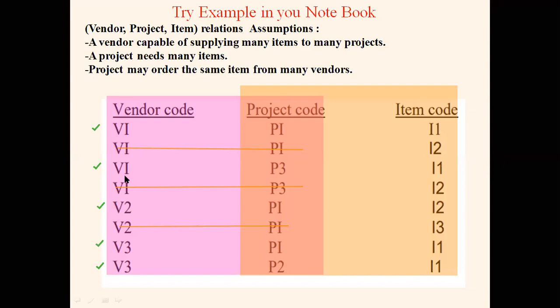Okay, in the same way, do we have any repeating values over here? P1, do we have project code 1? Do we have item I1? No. Here P3, but do we have I1? No. Here also P3, but we have I2.